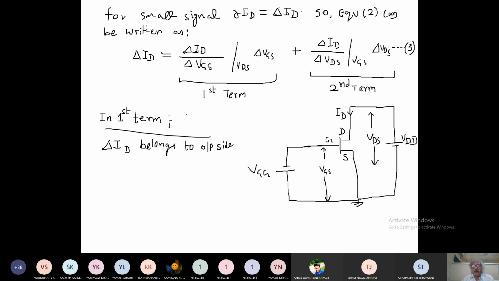If you want to amplify some signal, what will we do?